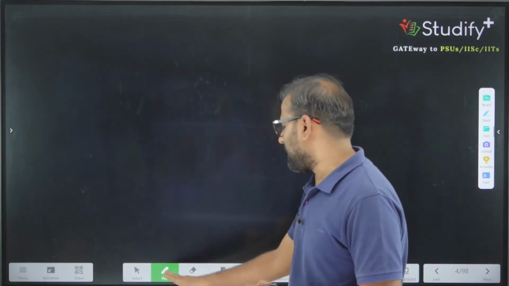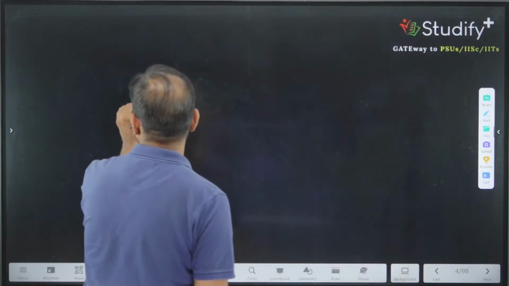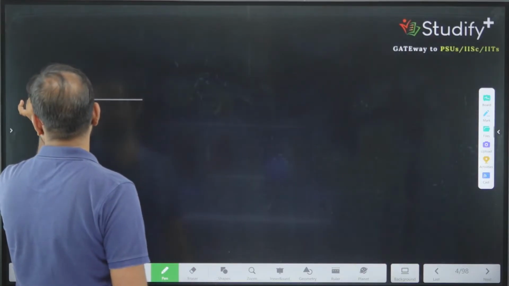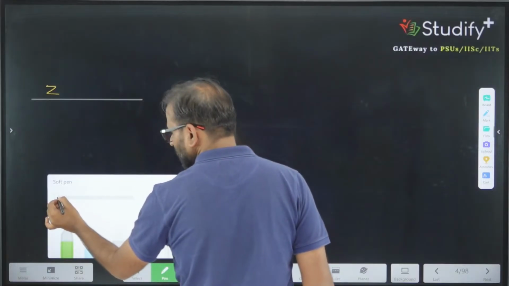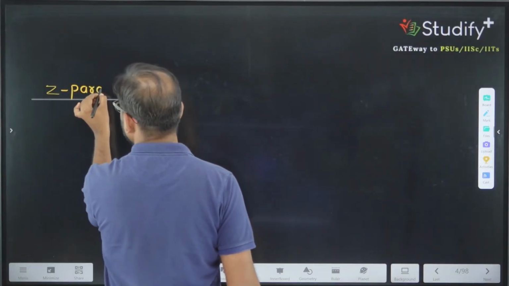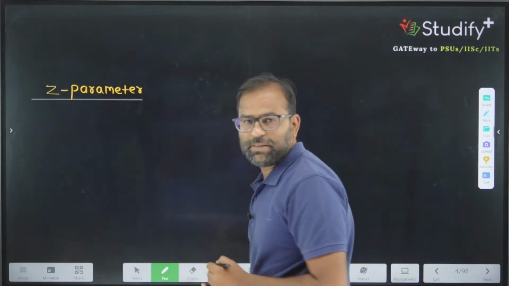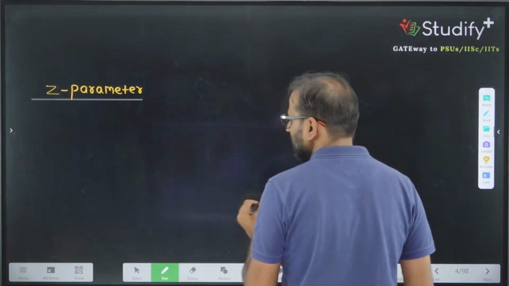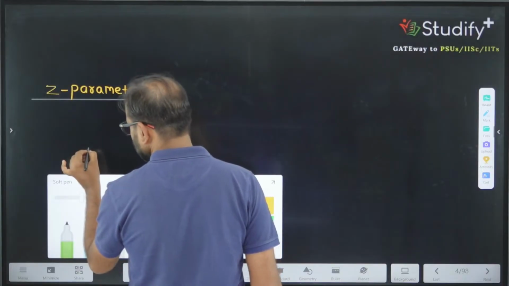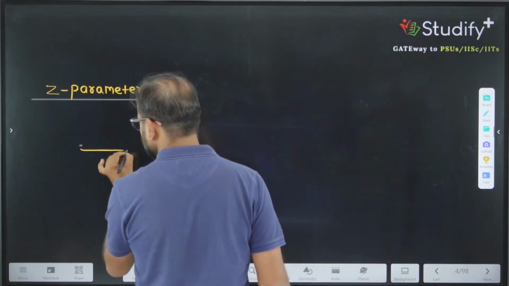So let's see one more network and let's try to calculate one more example for a two-port network, and that example is Z parameter calculation for this network. Let's say I have a network like this.